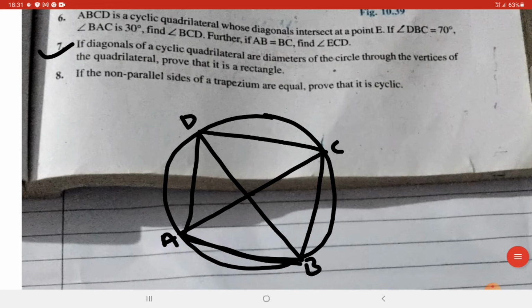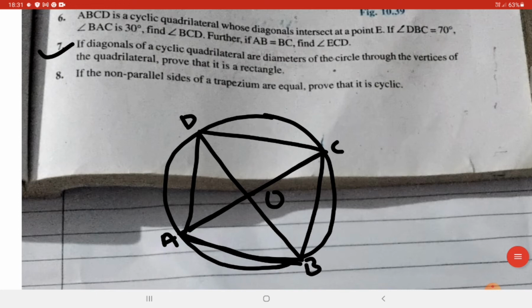What is the specialty of this quadrilateral? Its diagonals are the diameters. That is, AOC is the diameter, as well as BOD, also a diameter of the circle. We have to prove that this quadrilateral is a rectangle.